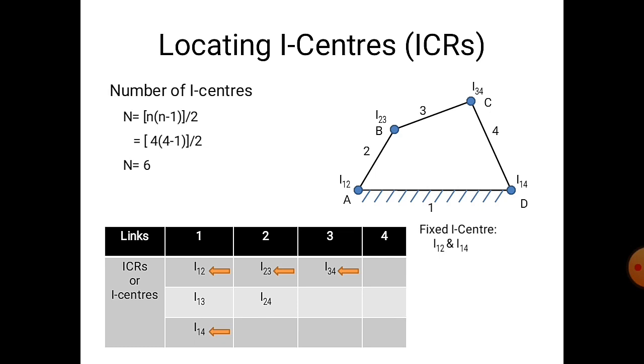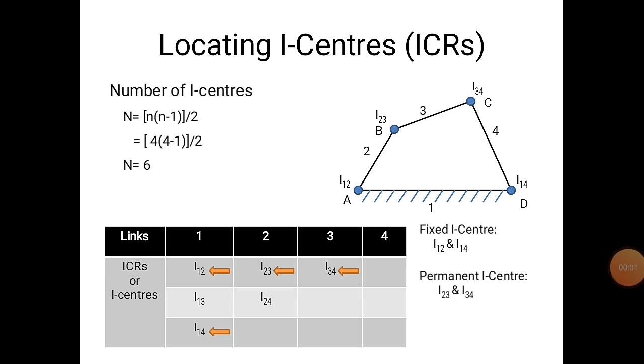However, at all times the instant center I23 will be located at the pin joint B. Thus, I23 is known as a permanent but not a fixed instant center. Similarly, I34 is another permanent but not fixed instant center. So, I23 and I34 are the permanent instant centers.